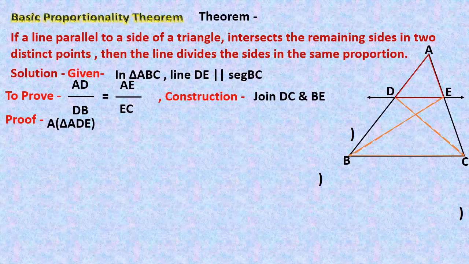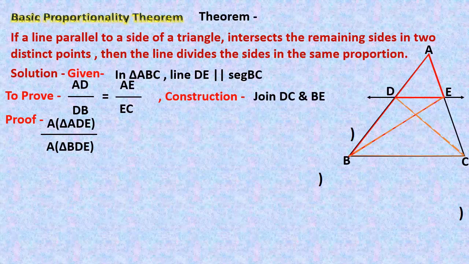Therefore, the name of the triangle on side DB is triangle BDE. We consider the ratio of areas of triangle ADE and triangle BDE. Their bases are AD and DB, and the height from point E is equal.